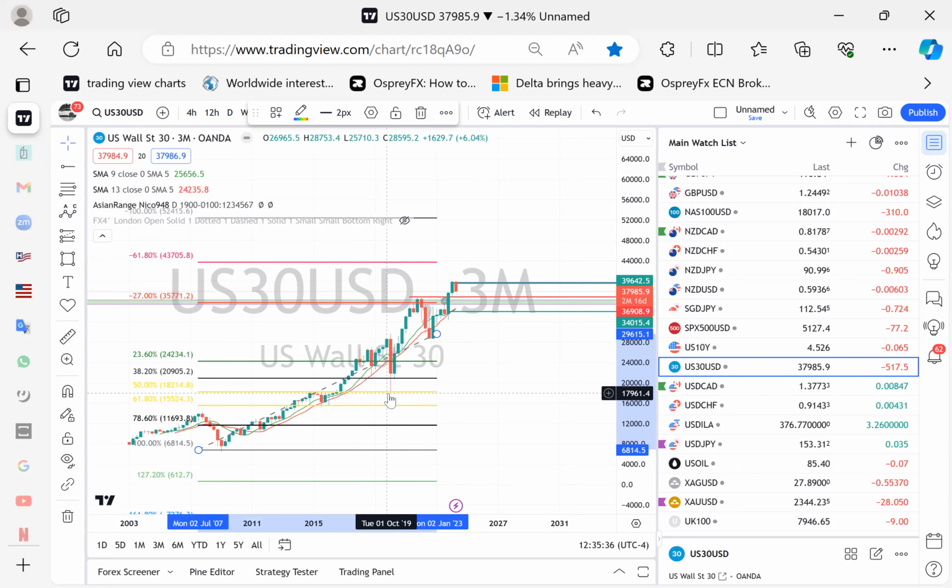Looking at the 3 month, price is still bullish, right? And it may pull back to Todd's red line and then continue to the negative 61, and then possibly start to pull back, or it may just leave the stratosphere.